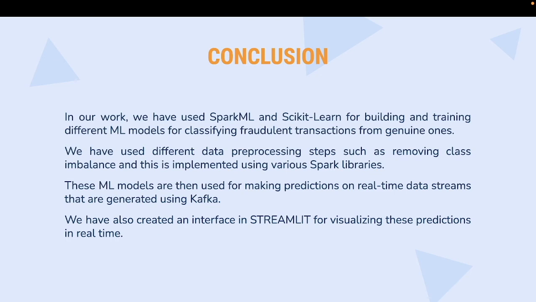The Kafka producer was created to generate mock real-time data from a CSV file and publish the data into a local host. We have also created a Streamlit application that acts as a Kafka consumer and retrieves the real-time data to produce prediction results from the trained machine learning models. The Streamlit application provides an interactive web interface to visualize and analyze the prediction results in a seamless and interactive way.